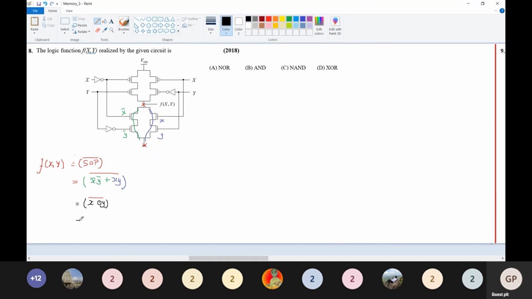So this can be further written as x XOR y. Understood? So your final answer is nothing but x.